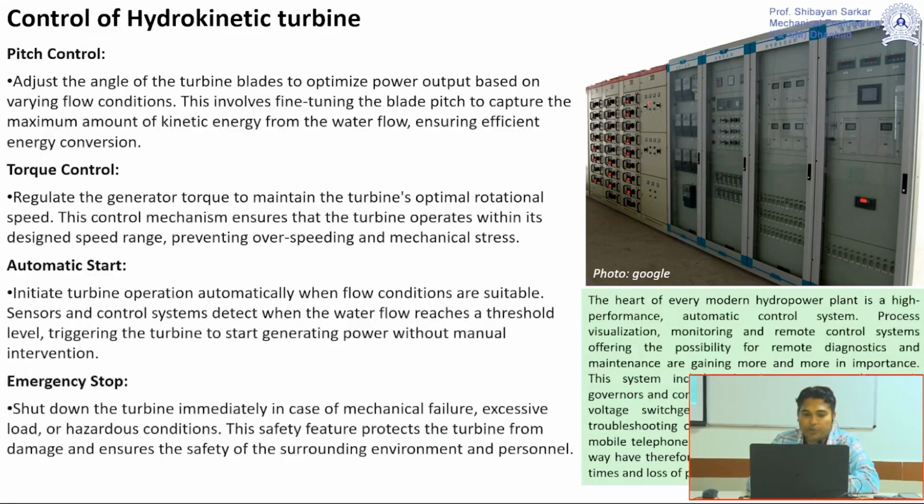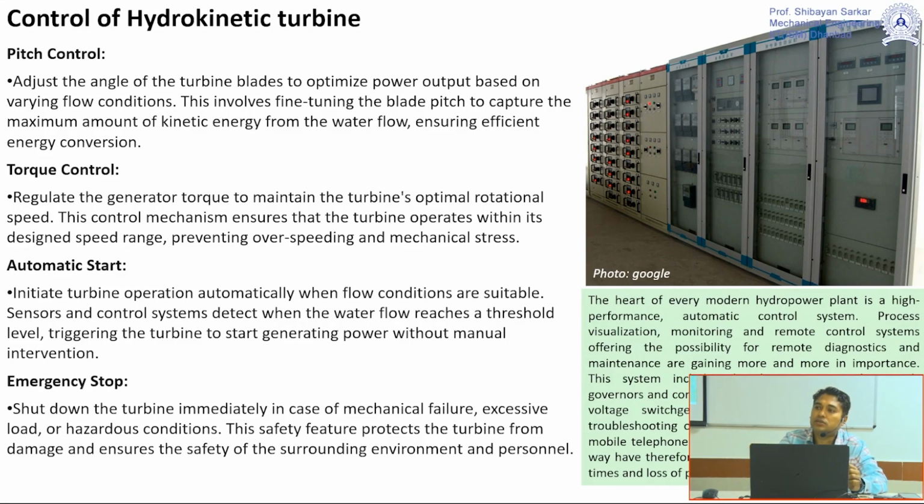So those are common. Now, as we just discussed, pitch control may be required, torque control may be required, that means control of the rotation of the turbine. You can also divert some of the water. Suppose inflow energy is higher, and you suddenly get the information that a huge amount of water is coming into the river. You must have a certain civil structure upstream of the site, so that if required I can divert the water and allow only a certain amount of water to my power station.